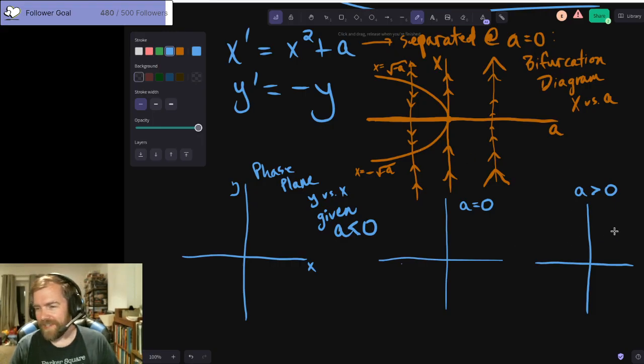So if we're looking at the case where a is greater than 0, what are we going to get? Well, at y equal to 0, that horizontal line, everything is pointing left, right.